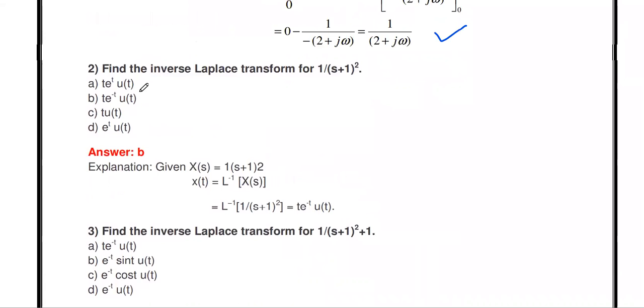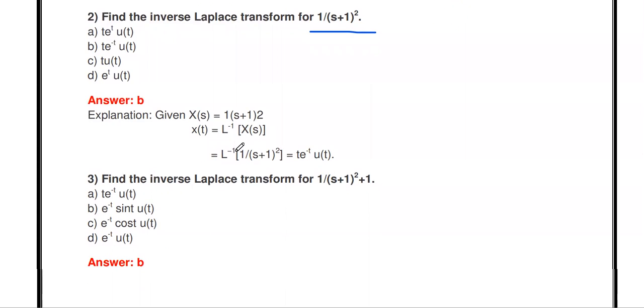Then the next question: find the inverse Laplace transform of 1 divided by s plus 1 the whole square. So we have to take the inverse Laplace transform of the given function. Already you know the standard pair: e power minus at u of t has the Laplace transform 1 divided by s plus a.